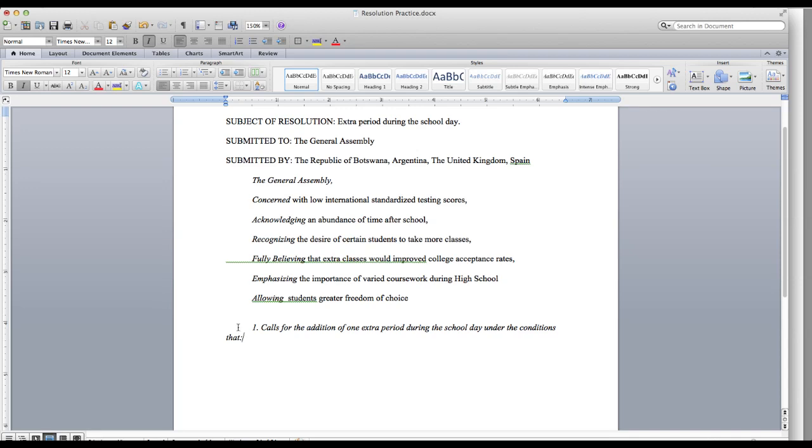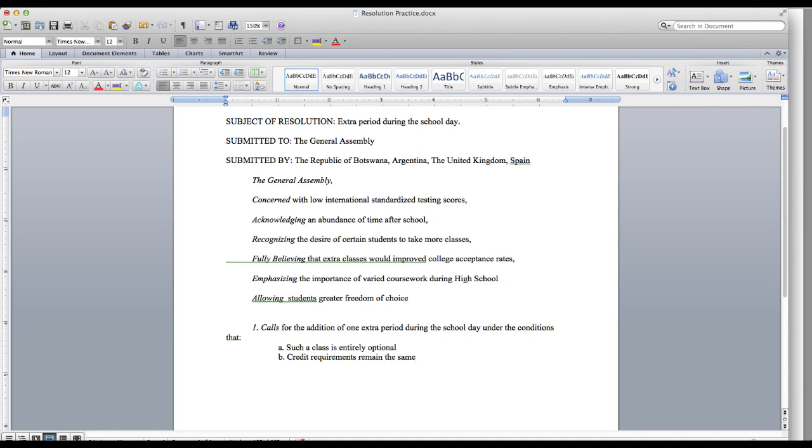Okay, and then we would just put that. Sorry for my italicizing. And then we would do a subscript, ultimately, that would say, okay, A, such a class is entirely optional, and B, credit requirements remain the same.